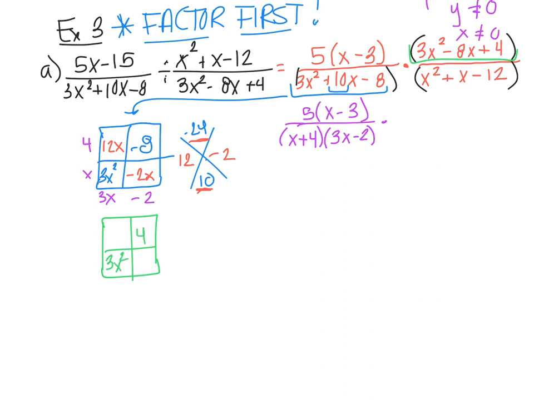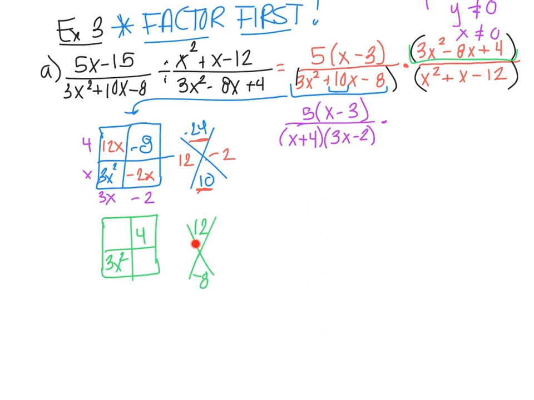4 goes here. And then since this coefficient is not 1, just like the last one, I'm going to be splitting these negative 8x's right here. But in order to do the area model, remember I'm taking 3 times 4, so that 12 goes up here, and then the negative 8 goes in the bottom. So I'm looking for two numbers that multiply to positive 12 and add to negative 8. 3 and 4 multiply to 12, but those won't combine to negative 8 if I add or subtract them.